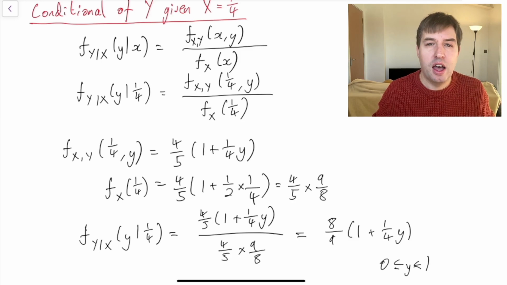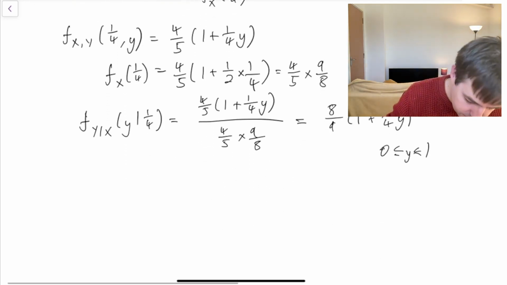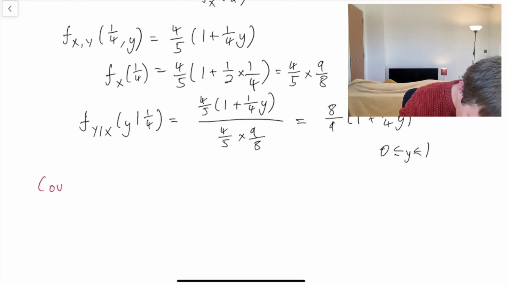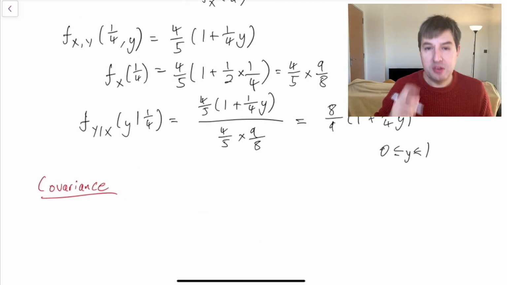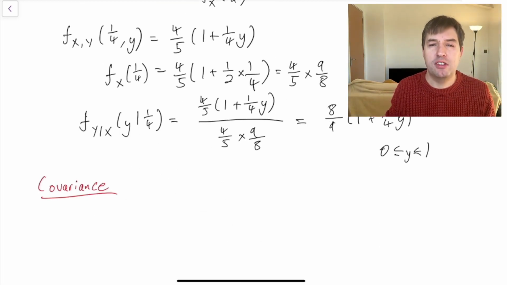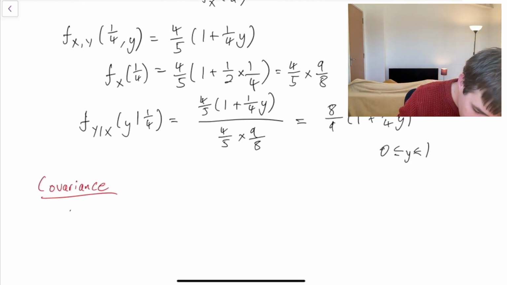The third thing I suggested we could do is find the covariance between x and y. So covariance. It's normally easiest to calculate covariance using the computational formula.